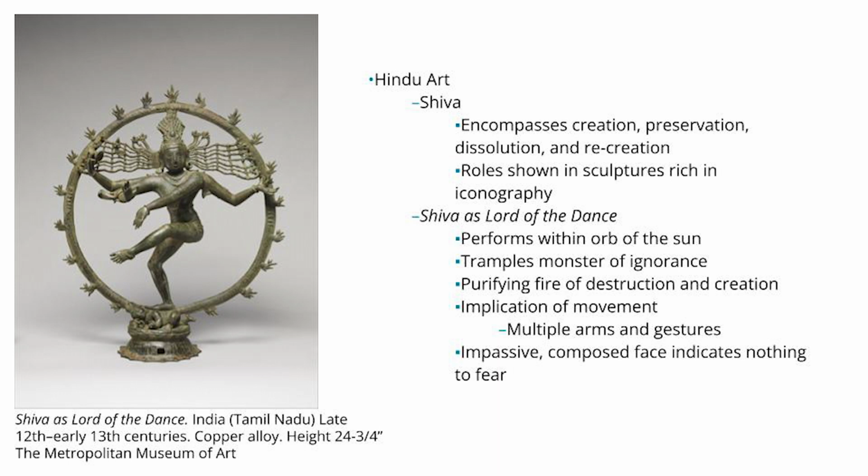For example, in this one, Shiva as the Lord of the Dance is performing within the orb of the sun. Also, that little baby that he's stepping on, he's not evil and stepping on a baby. That's actually the monster of ignorance, and he is trampling the monster of ignorance. Also, all around the circle, which represents the sun, there's the purifying fire of destruction and creation.